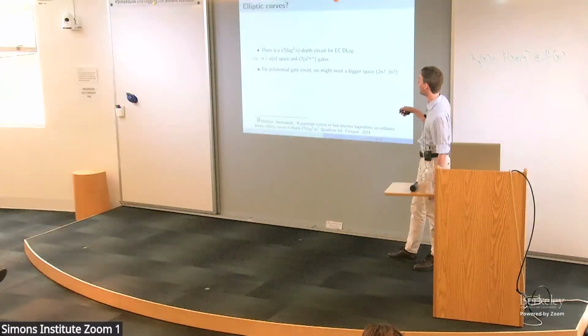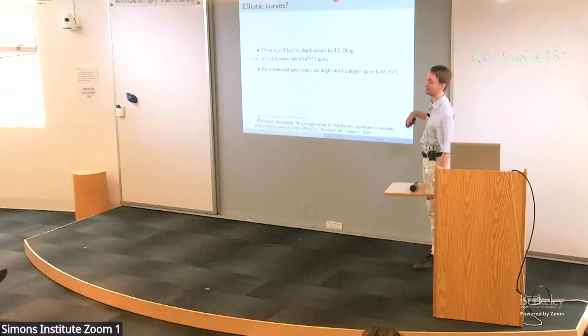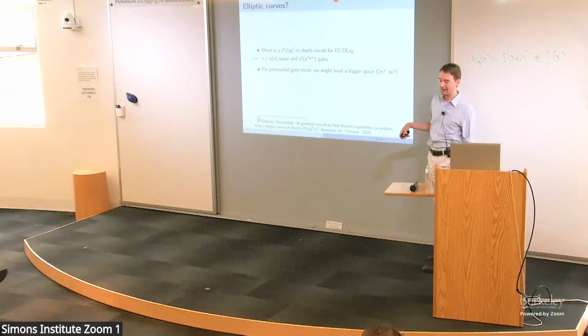Same as I told before, but before we had log n depth, and so we got a polynomial number of gates. So we could be a bit more confident. And here, I'm not even confident that we can have this in a polynomial number of gates. I'm really not sure of this.